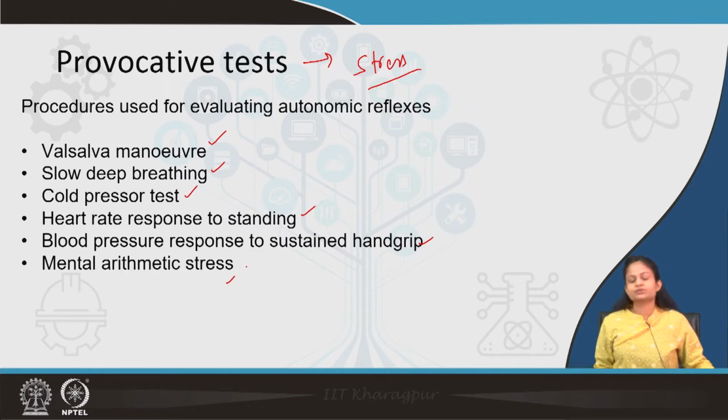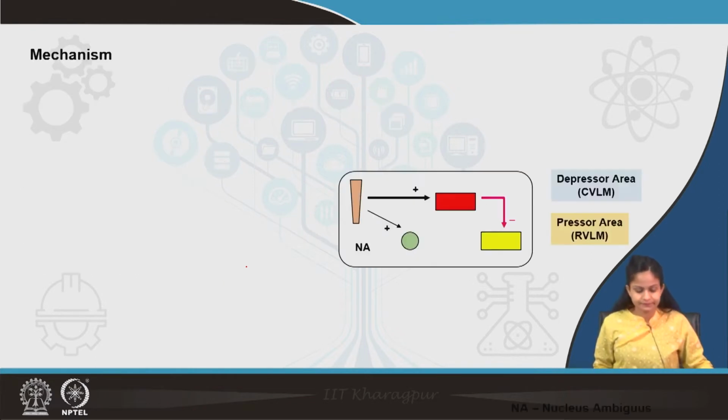So we need to run a battery of tests in a person, and the individual's reactivity to different tests is also different. So it is always better to perform 3 to 4 tests as a whole in a person, and then conclude on the autonomic status, the cardiac autonomic tone, in that person.